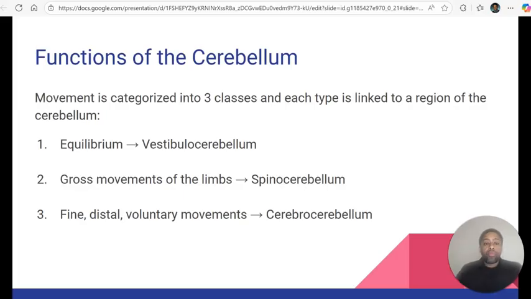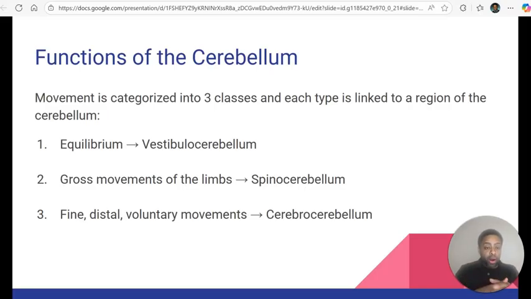So movement by the cerebellum is categorized into three different classes: equilibrium, gross movement of the limbs, and fine movement of the limbs. Equilibrium is the ability to maintain balance and upright posture by coordinating sensory input and motor outputs.